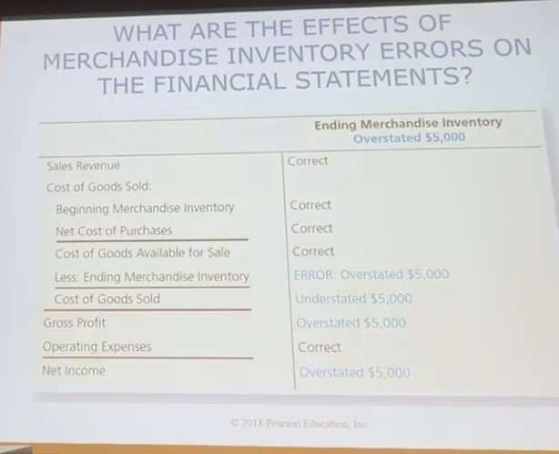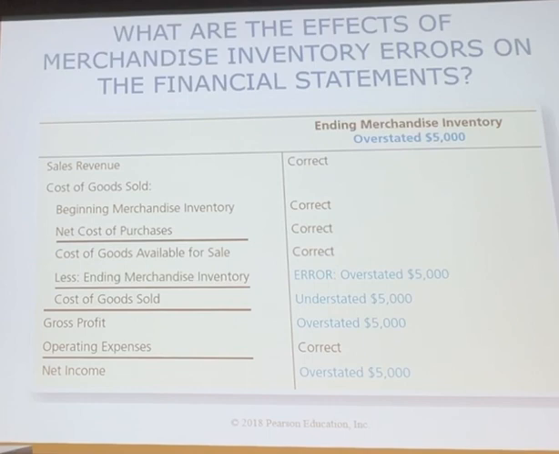And what you see shown here on the left side of the screen is basically the formula that we talked about in Chapter 5 for computing cost of goods sold if a company is using the periodic inventory system, where we go through that formula at the end of each accounting period to calculate the cost of goods sold after we've counted the ending merchandise inventory.